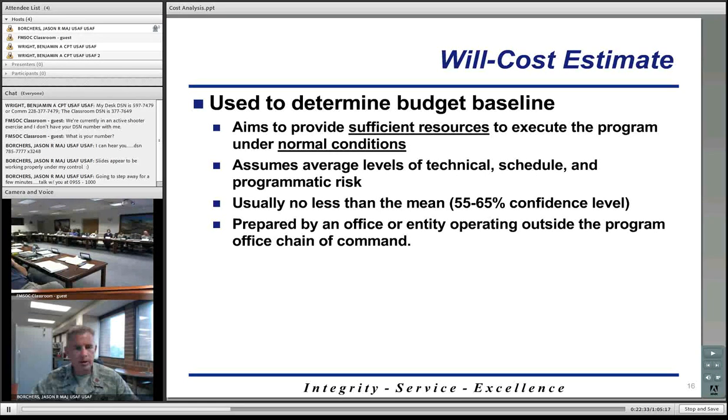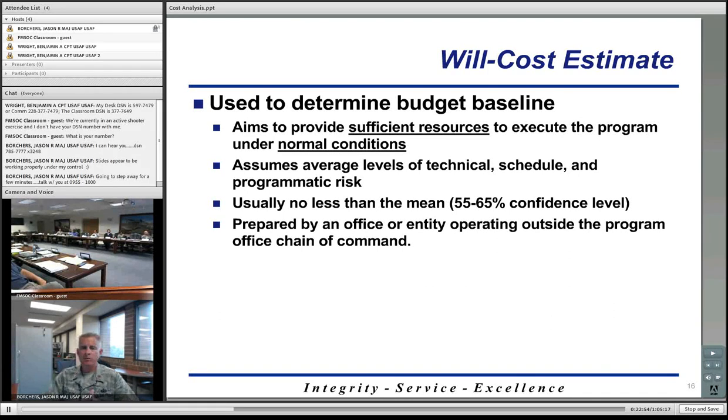I think we covered the majority of these. Will cost estimate. One more point to note here is that typically a will cost estimate will be what's referred to as your 55 to 65% confidence level, or the mean of historical costs.